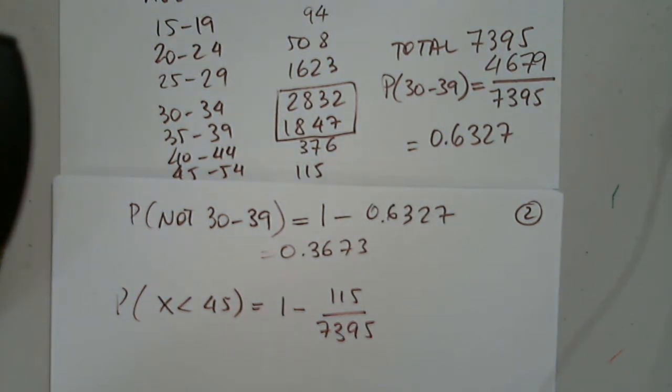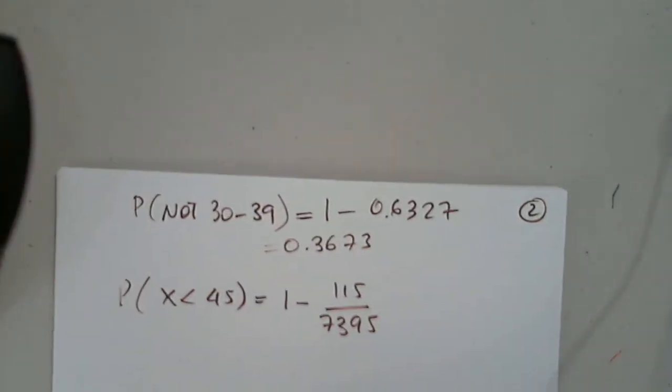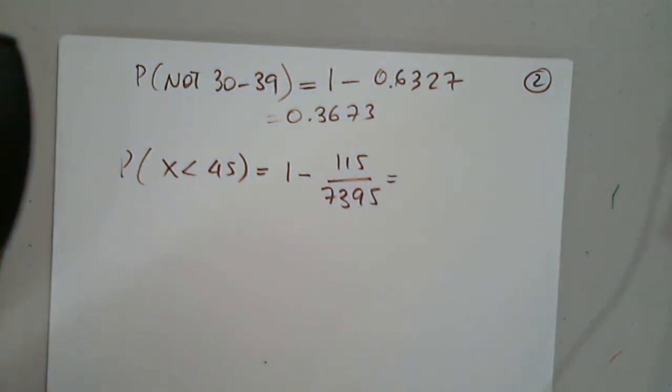Right? Who was less than 45. I don't want to add those. I'm going to subtract from the probability of the sample space what is left, because this is much easier. It's just 1. So the probability in this case will be 1 minus 115 over 7,395.